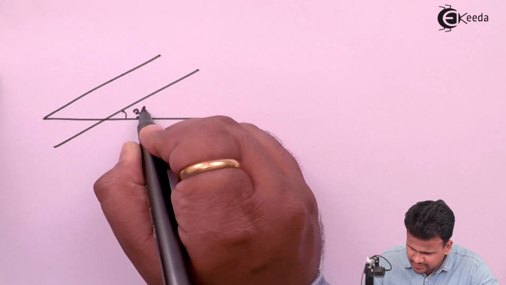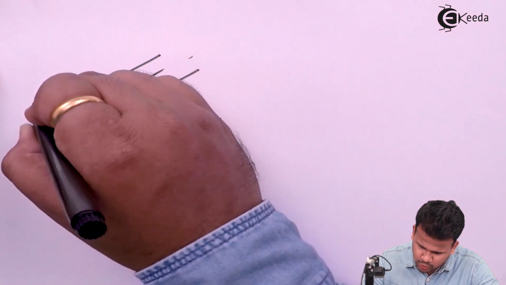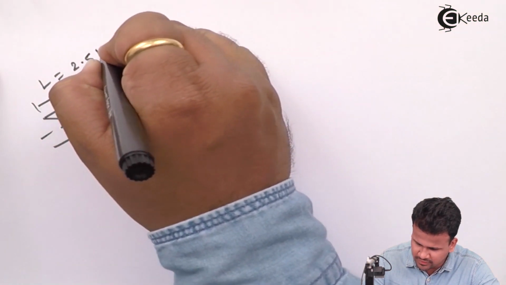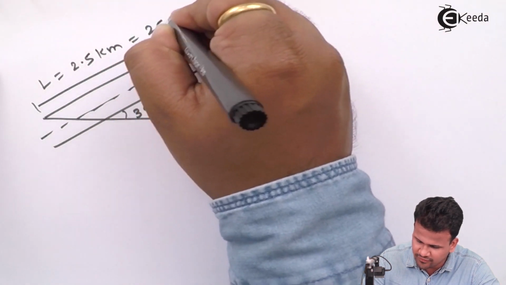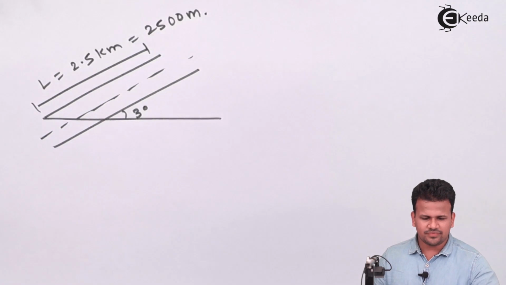So let us consider this as horizontal and the pipe is inclined at an angle of 3 degrees and it is actually 2.5 kilometers long. So 2.5 kilometers becomes 2500 meters. So it is inclined at an angle of 3 degrees.